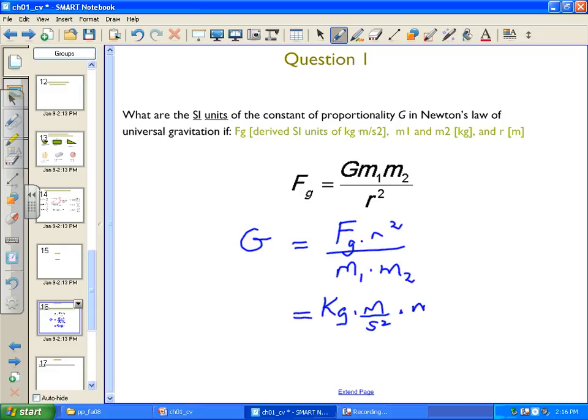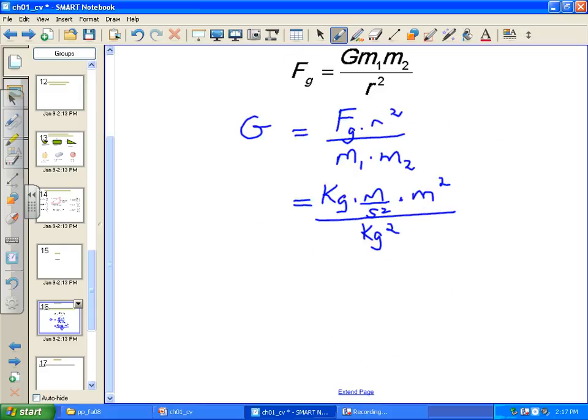R squared is meter squared, and M1 times M2 is kilogram squared. We can see that this kilogram will cancel one of those, and when we multiply them out, we get meter cubed divided by kilogram times second squared. And that is the unit of G.